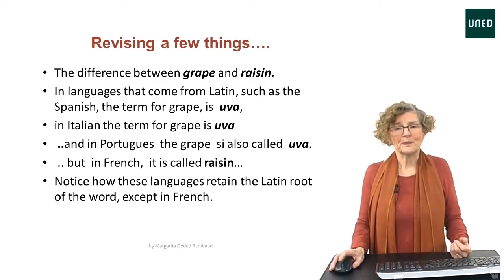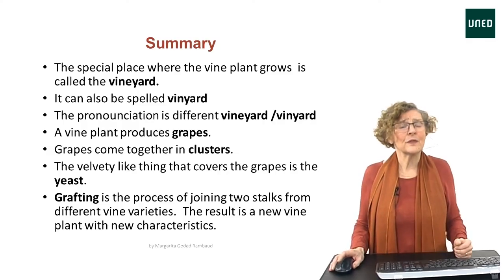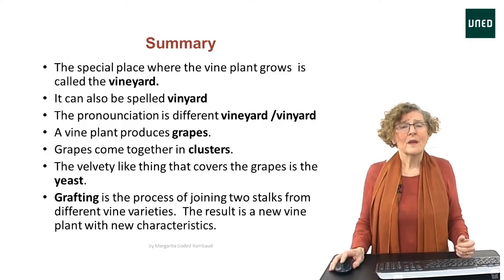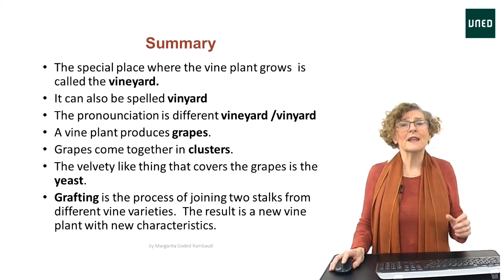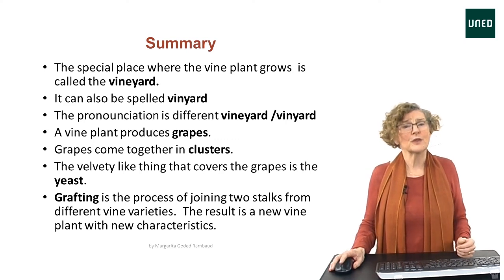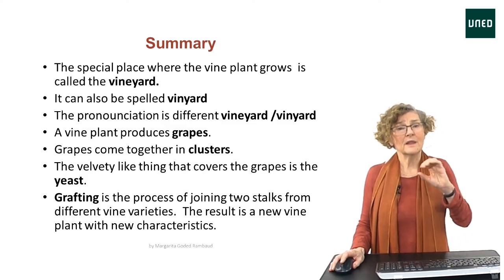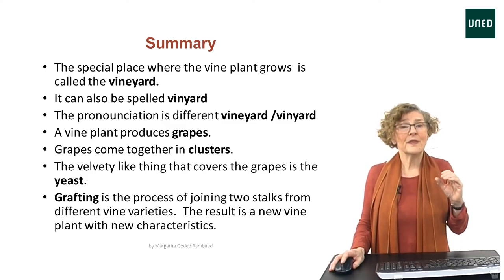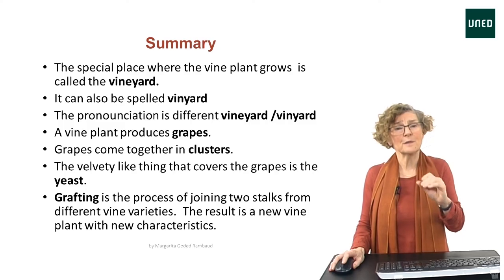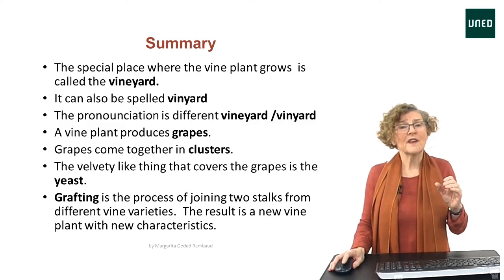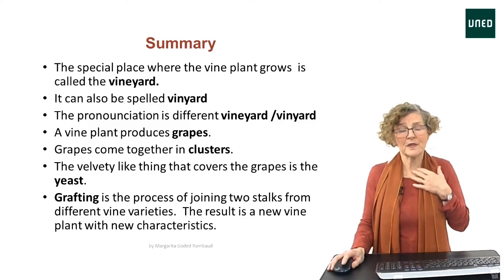Now, let's revise a few things that we've learned here. First of all, the vineyard is the place where the vine plant grows. Grapes come in clusters in the vine plant. There are different pronunciation and spelling for the words vineyard and winery.